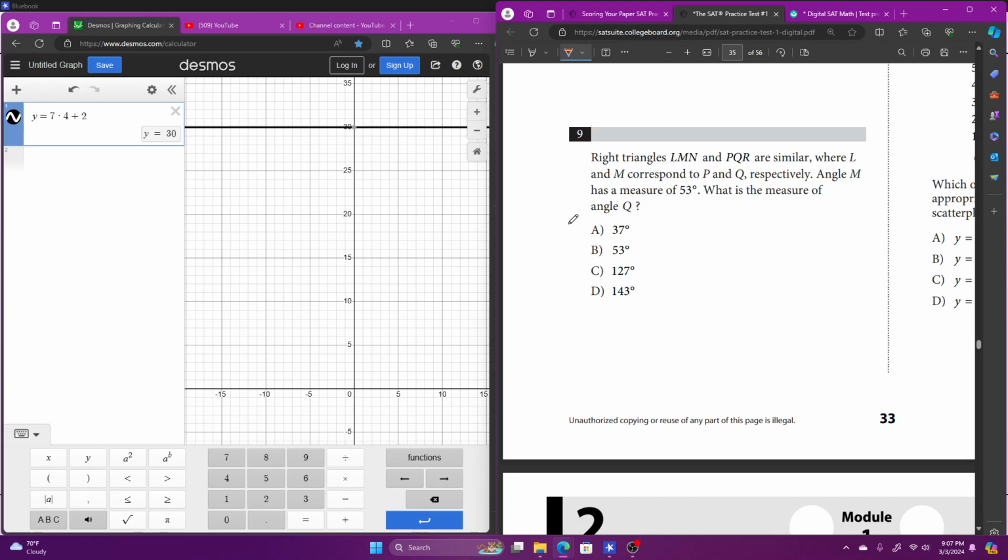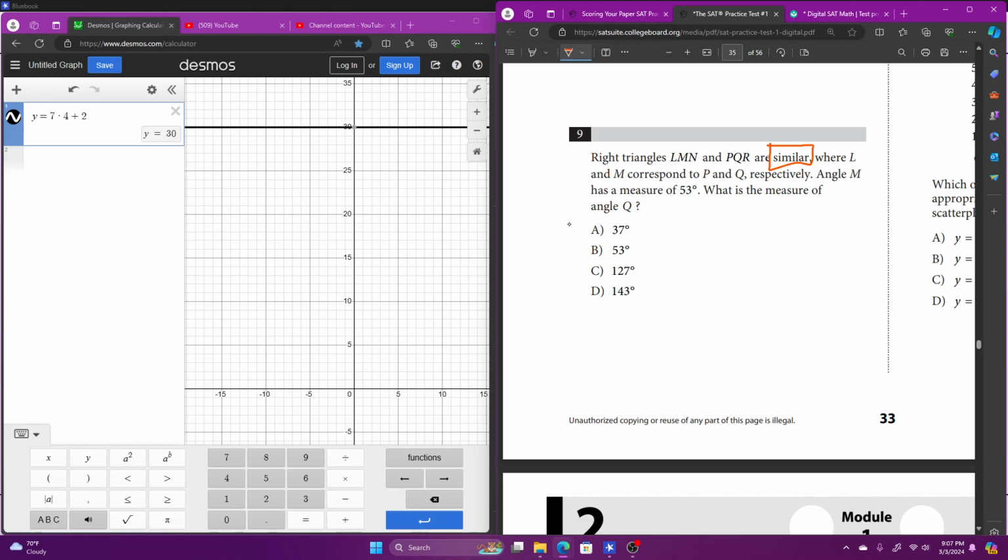Question number 9 says right triangles LMN and PQR are similar, where L and M correspond to P and Q respectively. Angle M has a measure of 53 degrees. What is the measure of angle Q? So because our triangles are similar, that means that all of the angles are the same on those triangles.